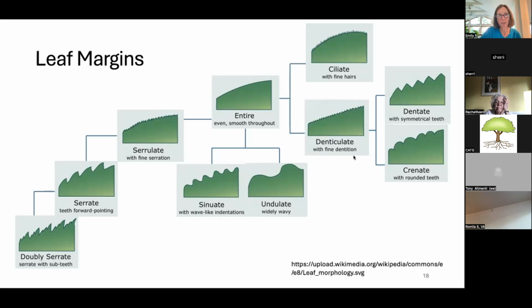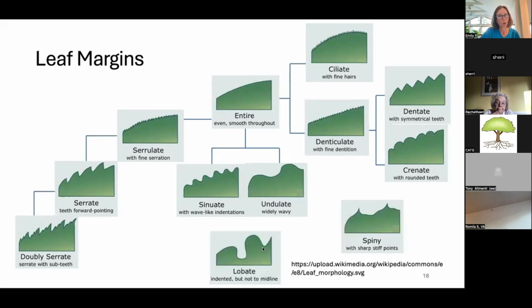So then we have denticulate, and that's with fine dentations. And then from fine dentations, we can have dentate with symmetrical teeth, or we can have crenate with rounded teeth. And then the last thing we have to put in here is lobate, which is when we have indented, but not to the midline of a leaf.